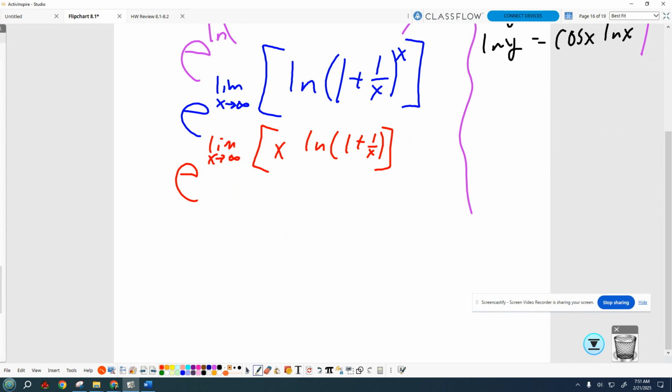L'Hopital's helps us evaluate limits. Does it apply to the stuff that's in this exponent right now, that limit there? In the form that it's in, can I do L'Hopital's? You guys are shaking your heads, no. Zach, why not? It's not a fraction. Not a fraction. All right.